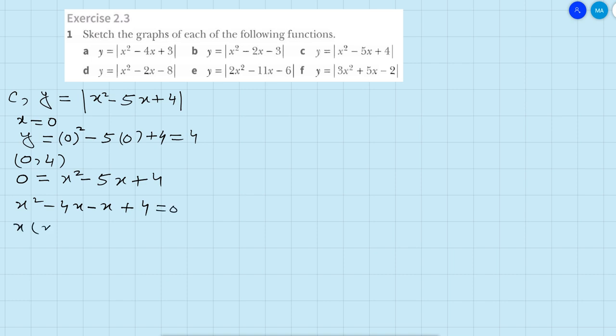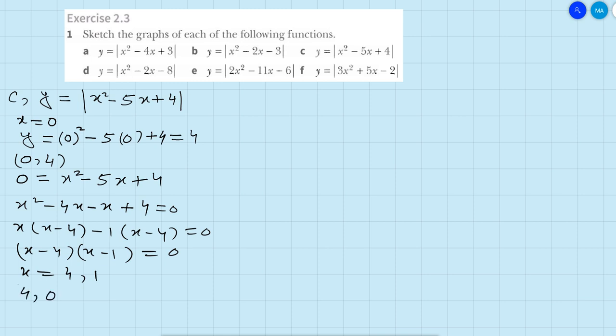So taking x is common, x minus 4, minus 1 is common, x minus 4 is equals to 0. X minus 4, x minus 1 is equals to 0. X is equals to 4 and 1. Now when x is 4, then y is 0, and when x is 1, then y is 0.